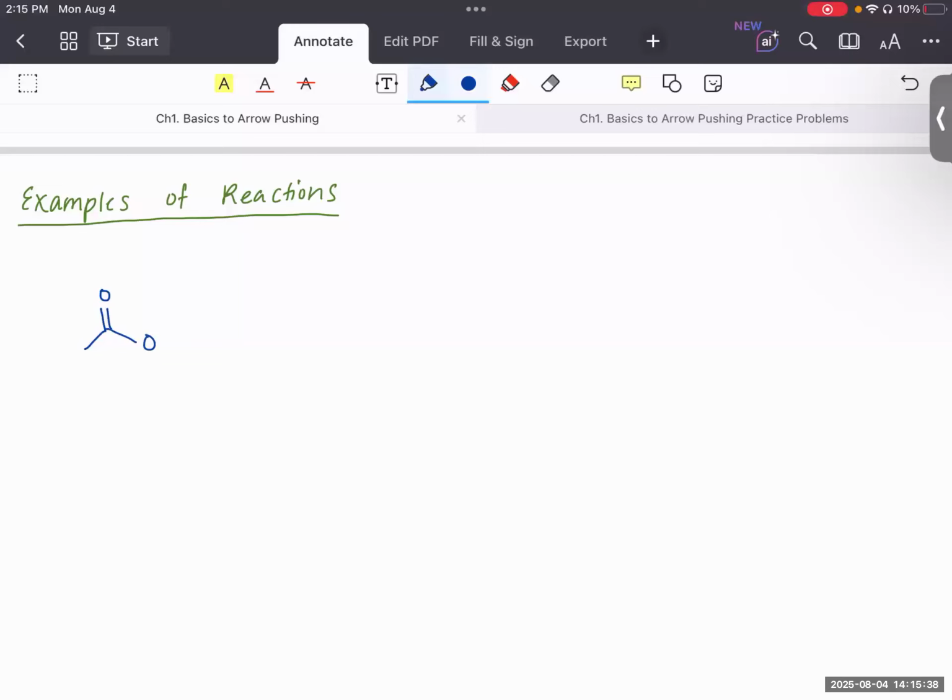So carboxylic acids are very acidic, so they can react as acids. And then we can draw out something with an amine. Something like this should work. And then here, this nitrogen has a lone pair of electrons. And then once you go through the acid-base unit, you'll be able to predict these products, but for now, I'll draw these out.